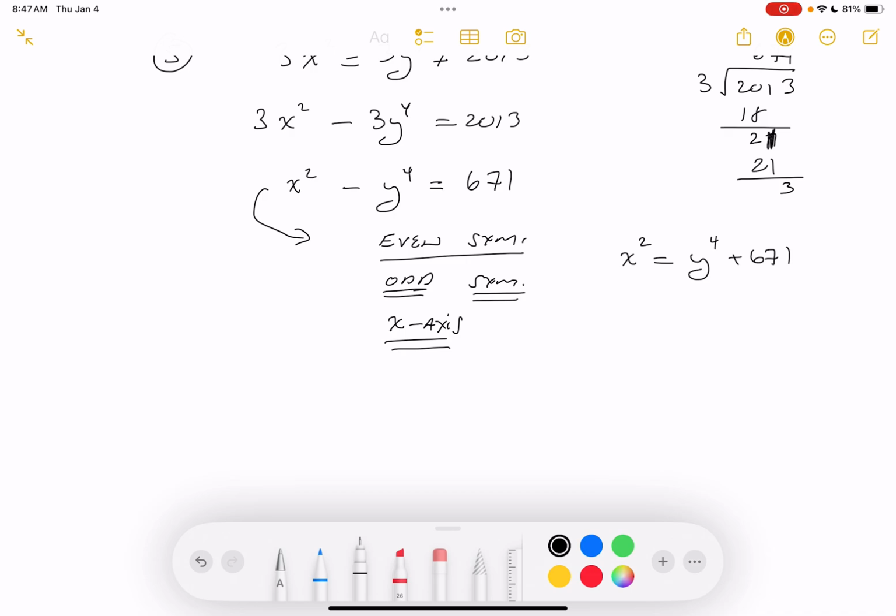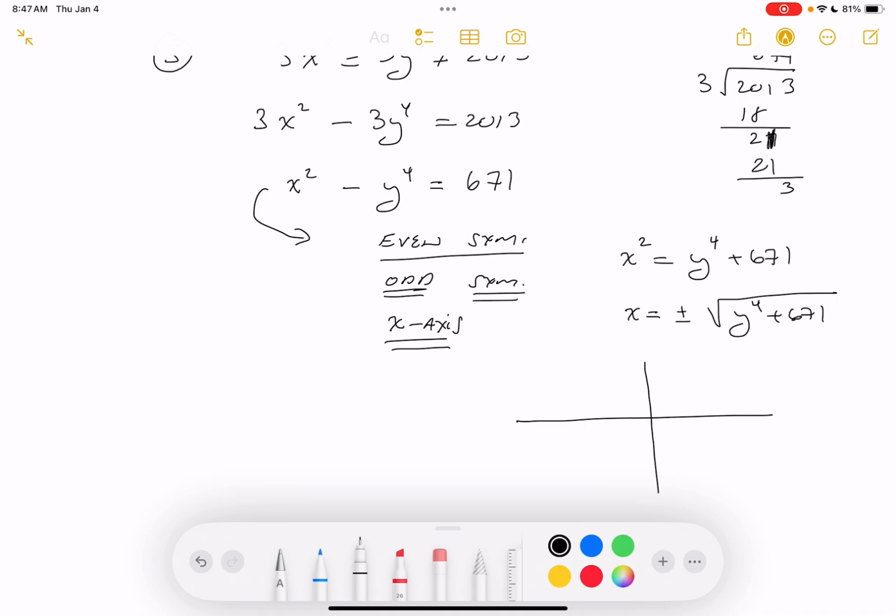All right? Well, kind of looking at this, I could say x is equal to plus or minus. And I'm looking at this thing over here, and I'm starting to realize that symmetry helps me a little bit.